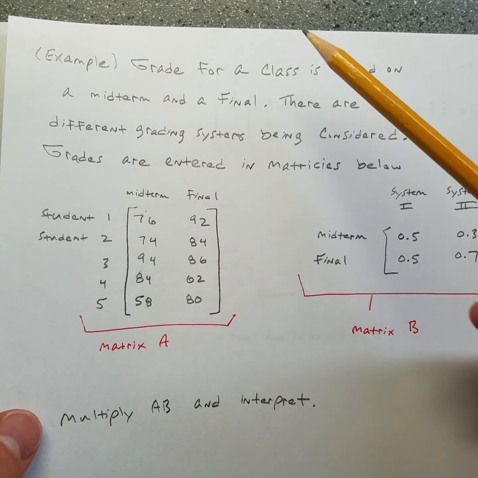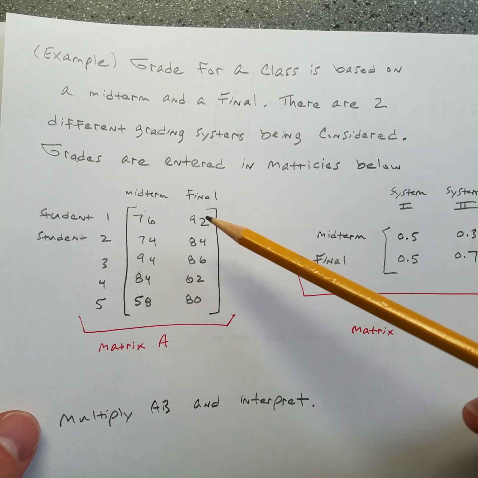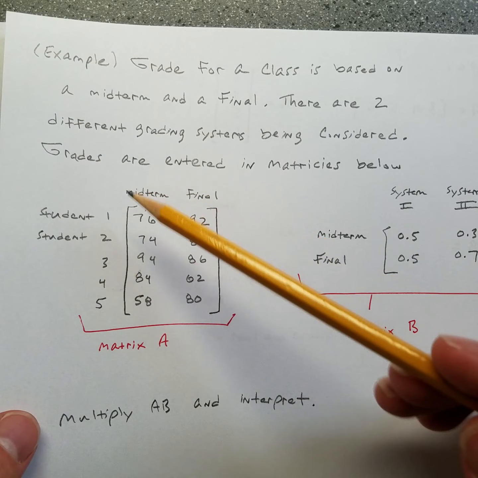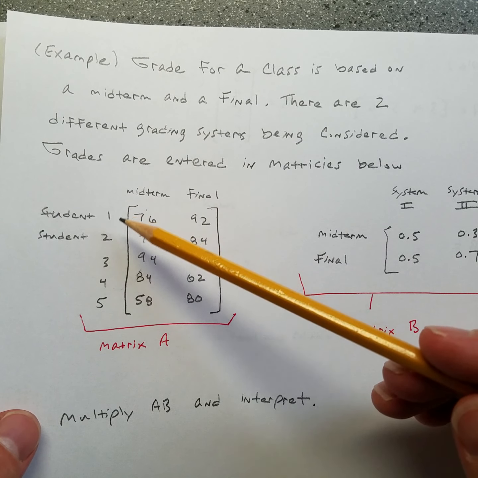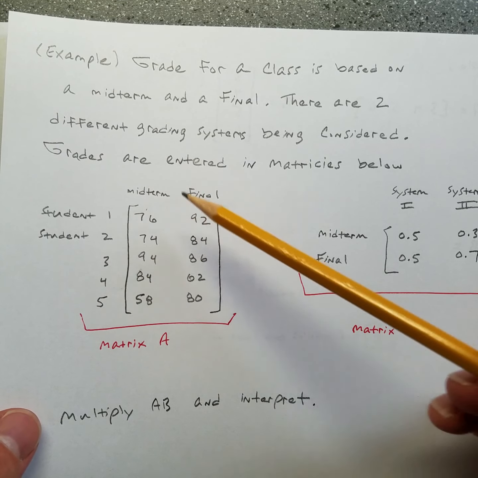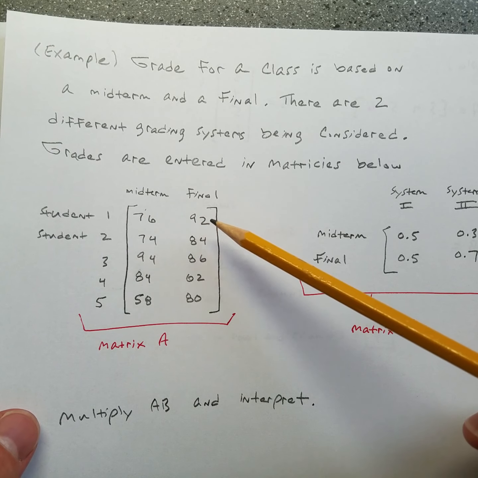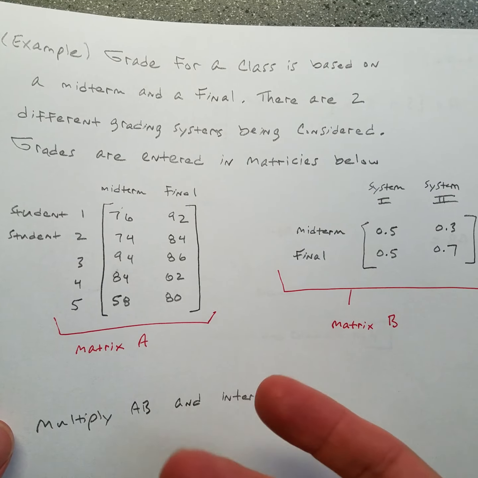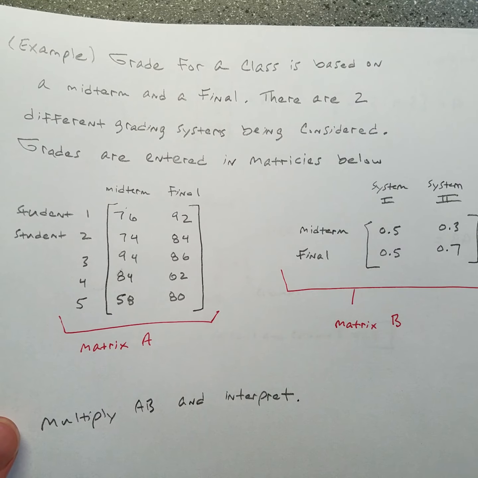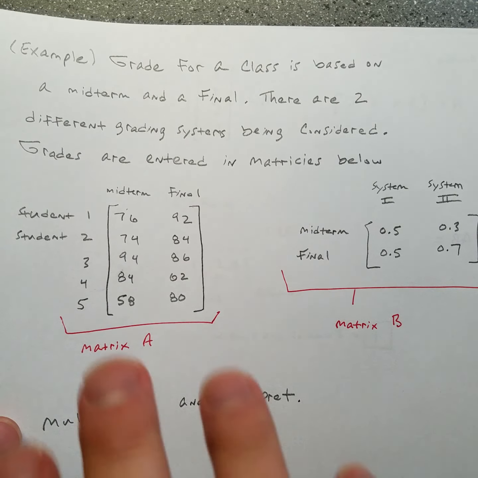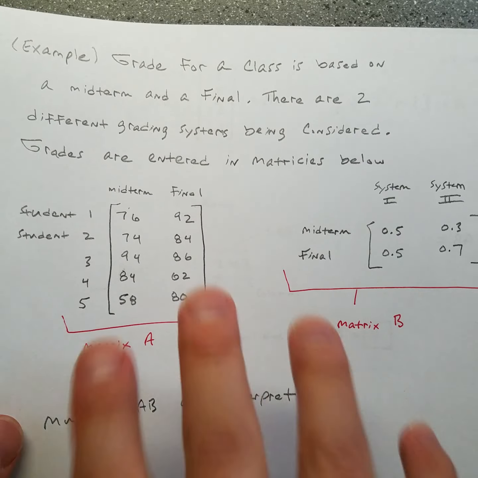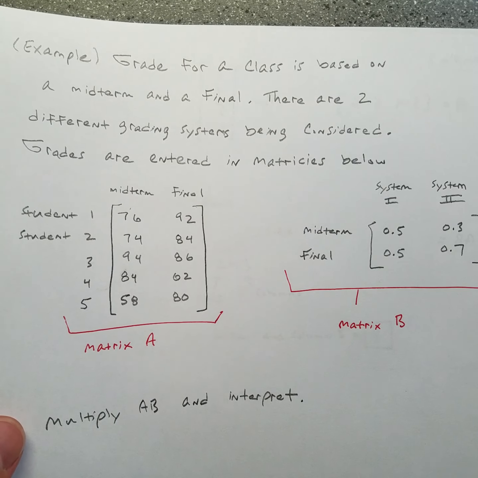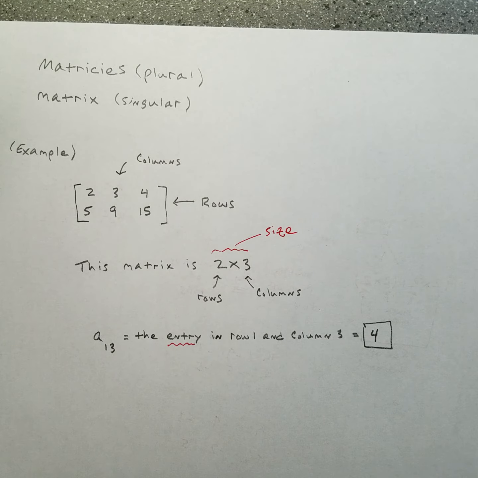So here's a problem I'll do later, with information organized in a matrix: students in a class with their grades on a midterm and a final. And then I have some purpose that I want to accomplish by putting the information in a matrix like that. But if it's just information, if that's how you need to organize it, you can do it like that. And that's what this is.